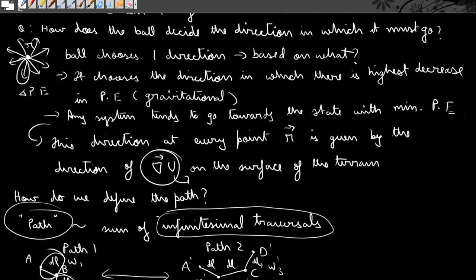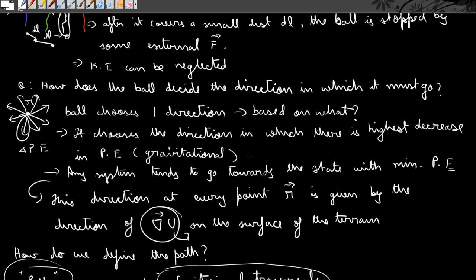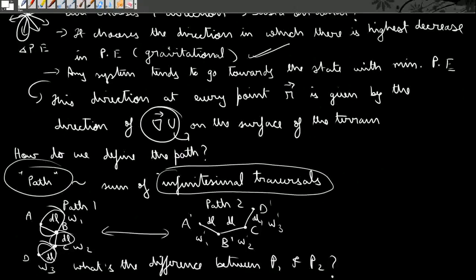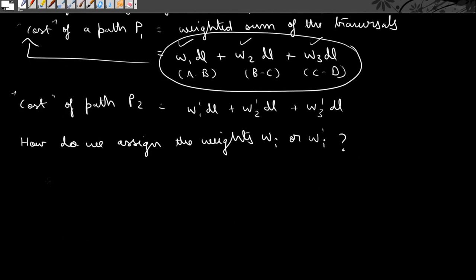We assign it using this particular condition, that at every point R, the ball chooses a direction which has the maximum decrease in the potential energy. This means that if we are at some node R, there are many different traversals possible.